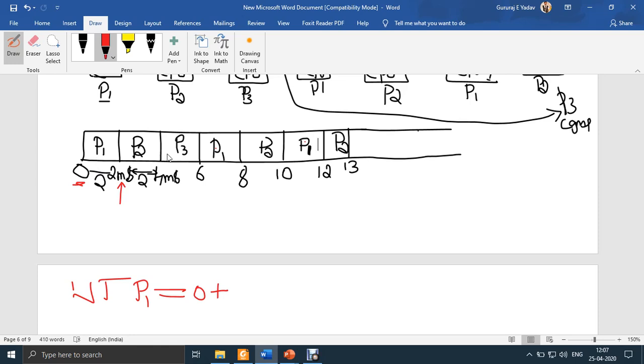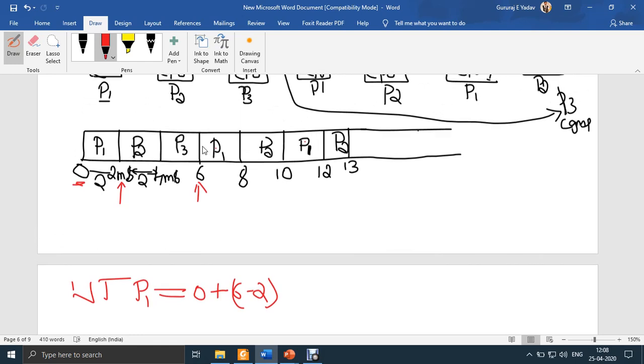In this schedule, it was given the chance at 6. So from 2 up to 6 milliseconds, P1 was waiting in the ready queue. So the waiting time is 6 minus 2, that is 4.